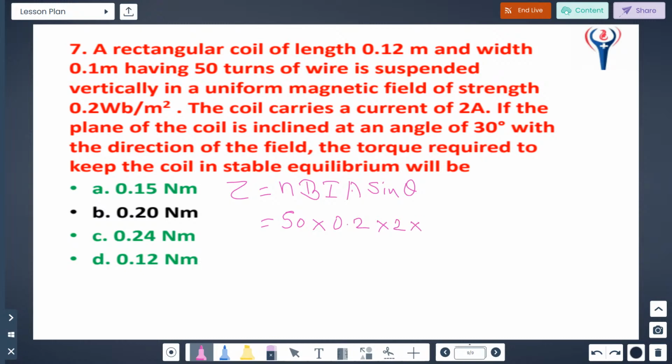Area is length into breadth, since it is a rectangular coil, so 0.12 into 0.1 into sin theta. Theta is 30 degree, so 90 minus 30 equals 60 degree. So sin 60. Sin 60 is root 3 by 2.